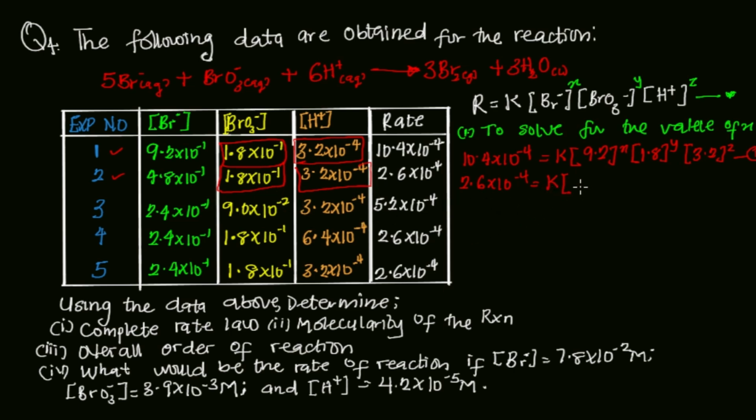So I'm going to have 4.8 raised to the power of x, then followed by 1.8 raised to the power of y, and also followed by 3.2 raised to the power of z, which is what you are seeing here. So that shows that I've successfully fit equation 1 and equation 2 into this rate expression. So this one is equation 2.